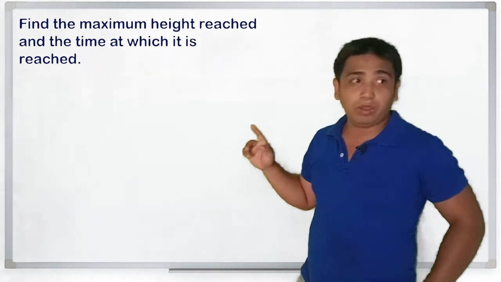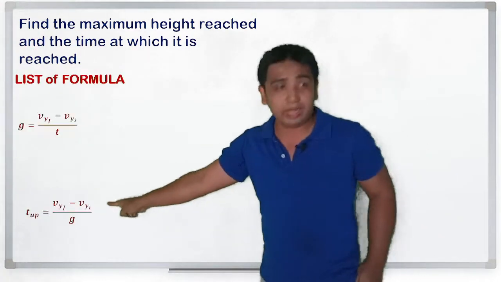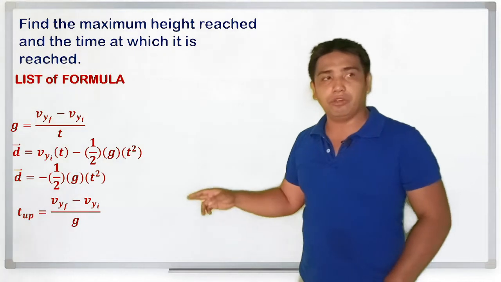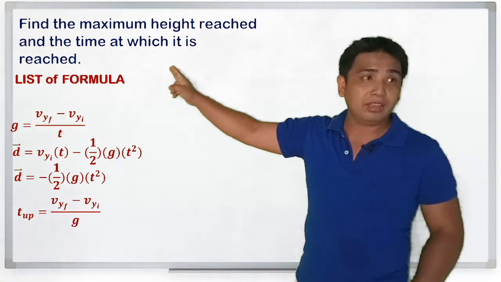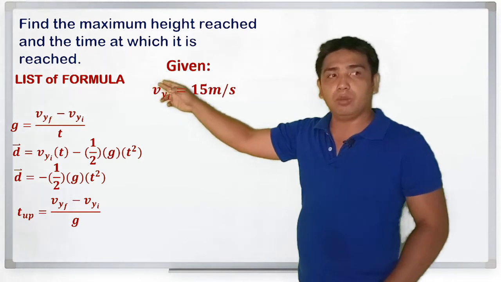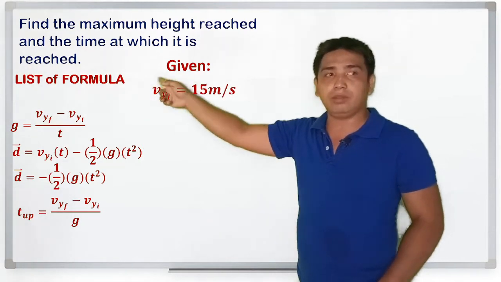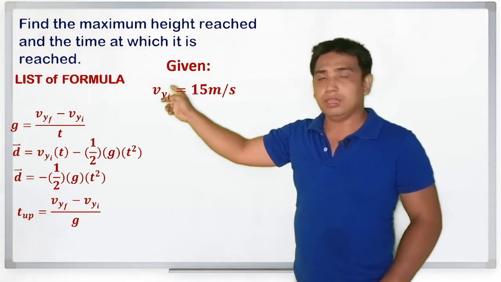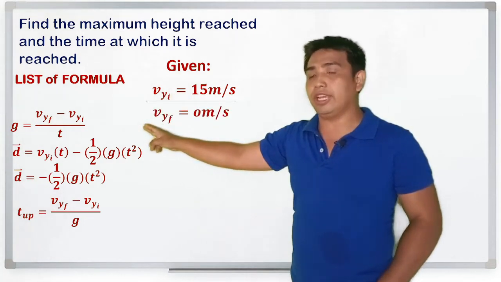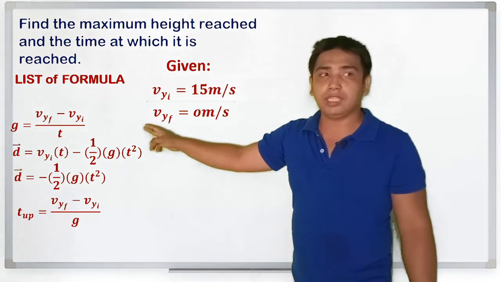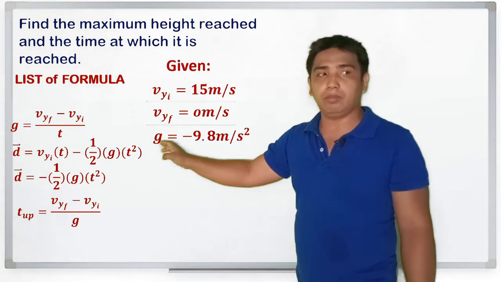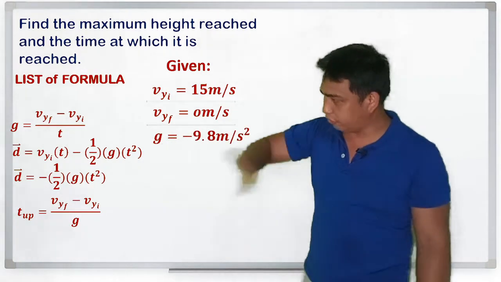So the formula that we are going to use is this one. T up is equivalent to Vyf minus Vyi all over g, and we are given, okay, so this is Vyi, or the initial velocity of the ball when it hits our hand, that is 15 meters per second, and then the final velocity of the ball when it is at its maximum height, that will be 0 meters per second, and then the acceleration due to gravity is negative 9.8 meters per second squared, and we are going to solve for this.